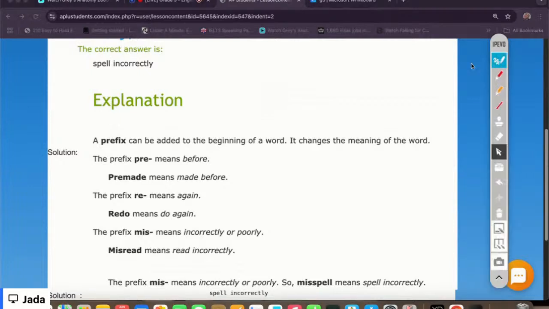All right, so we know that a prefix can be added to the beginning. Prefixes are added to the beginning of a word. It changes the meaning of the word and it forms another word entirely. That's what you need to note for prefix. So the prefix pre means before. So pre-made means made before. Okay?